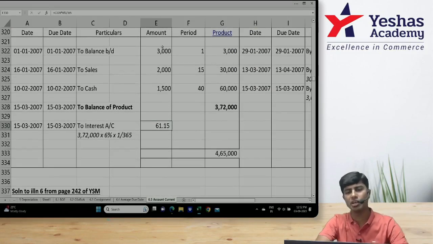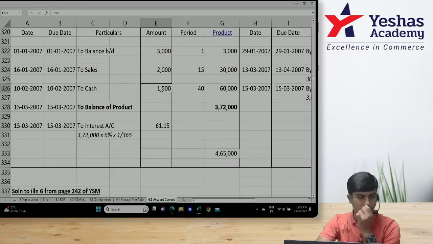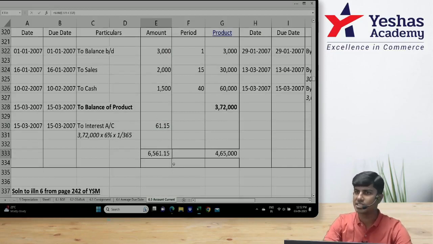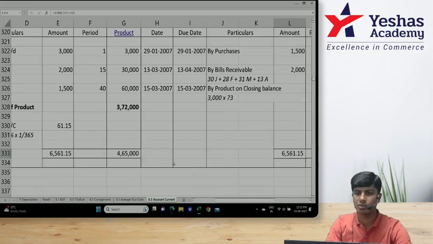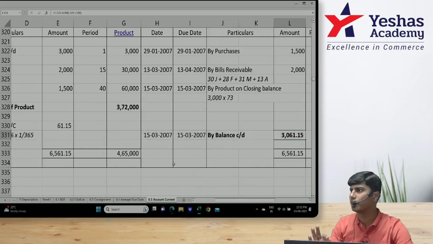Now find the balance figure. 3,000 plus 2,000 plus 1,500 plus 61.15. I'll write here 6,561.15. Tell me how much is the balance carried down. 3,061.56 now. There it is 3,062.10 or something. That's it.